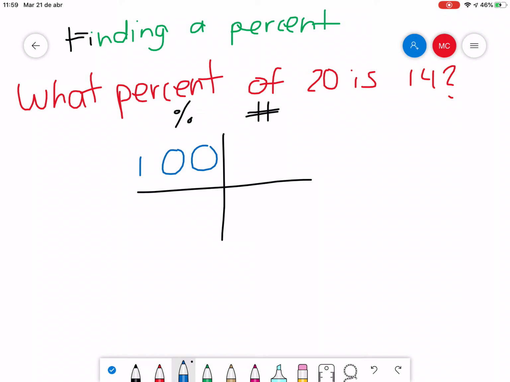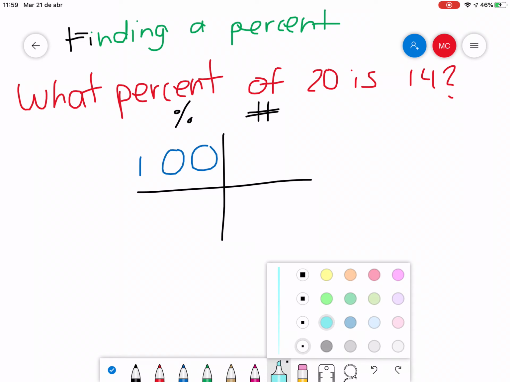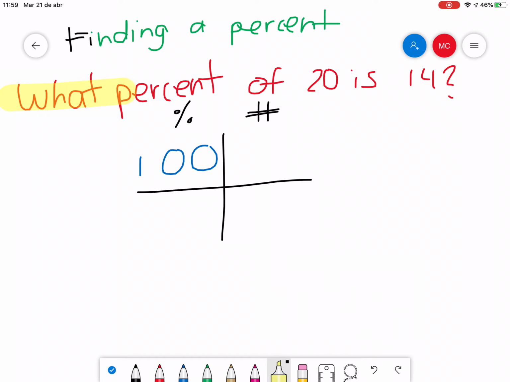And I need to find the percent of something, because that is what the question says. What percent of 20 is 14? Remember, the clue is the word of: of 20 tells us how much is the 100%. So the 100% is 20.